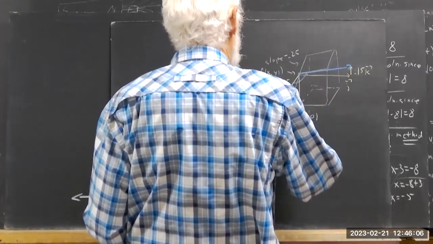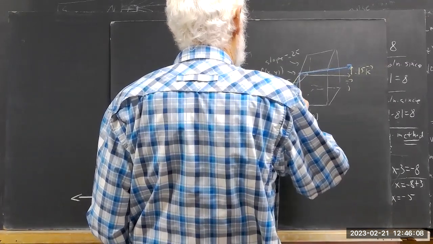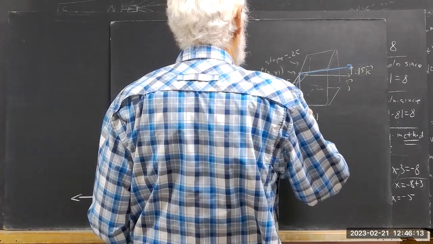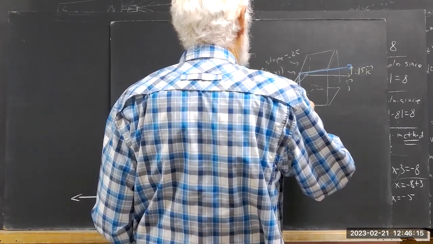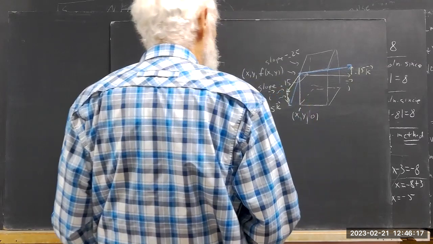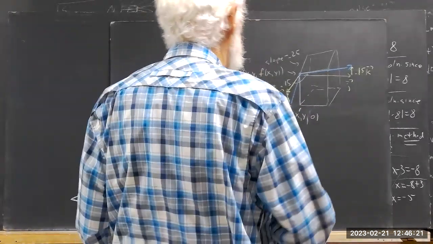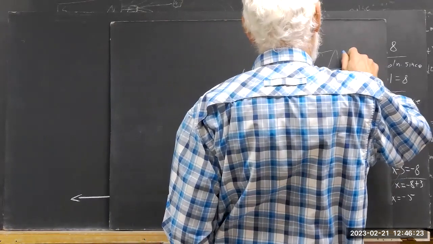You can let this be the I vector. Let this be negative 0.25 K. So now I have two vectors.